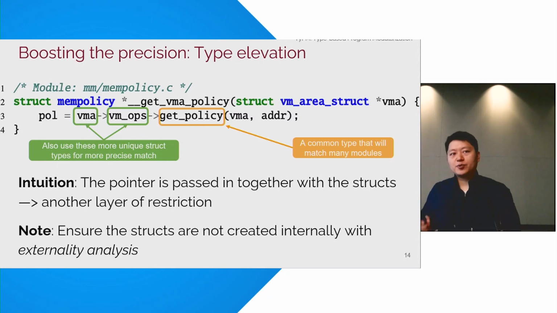So in this case, we can also apply the dependence analysis for its parent structs, VMA and VMOPS. So the final results will be much more precise. However, we need to note that this kind of analysis requires that the structs are not internally created. They must be passed in from other modules.